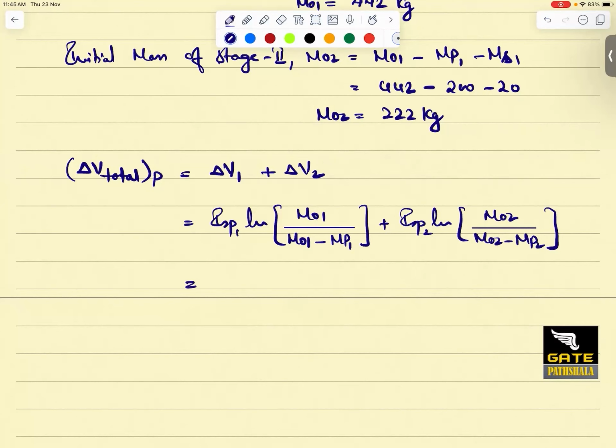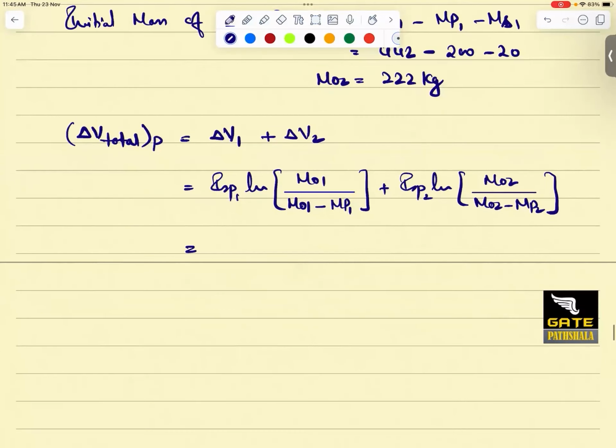Write that. So what are the ISP values they have given per stage? Check. Did they give the ISP values? It is same.